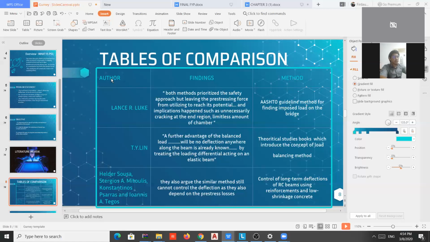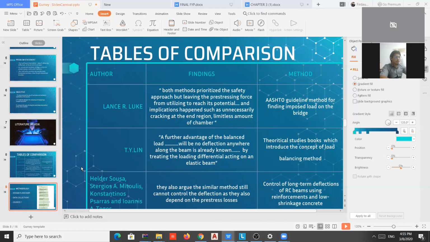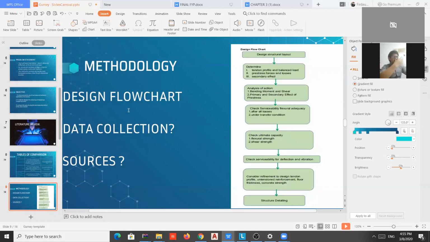The method of controlling the deflection is by using reinforcement and using low shrinkage concrete. And then we will proceed to the third part.